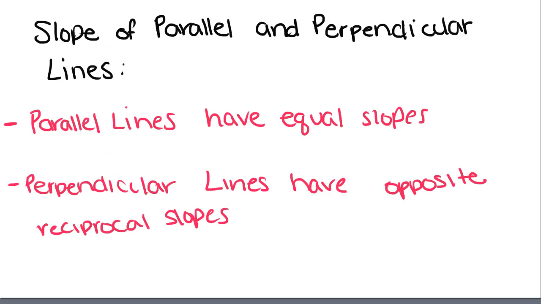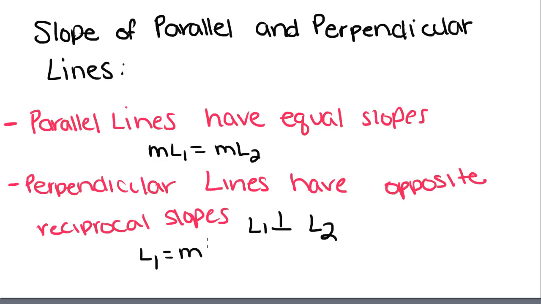So now we're going to talk about lines that have special kinds of slopes. So the slope of parallel and perpendicular lines. Parallel lines have equal slopes. So the m of line 1 would equal the m of line 2. Perpendicular lines have opposite reciprocal slopes. So if the slope of line 1 equals m, and line 1 is perpendicular to line 2, I'm going to take the opposite of m.